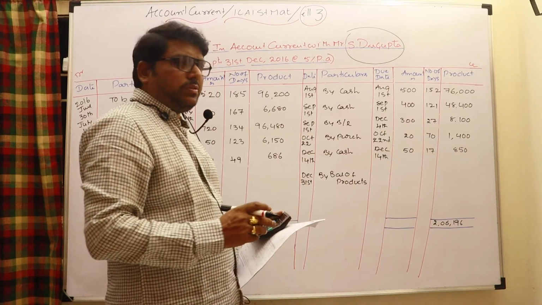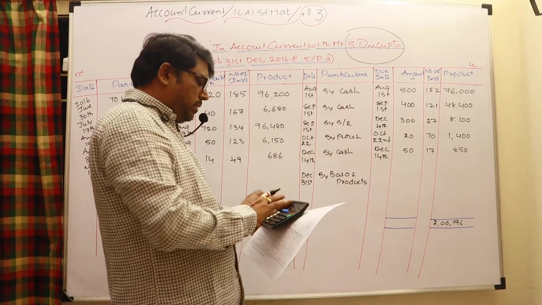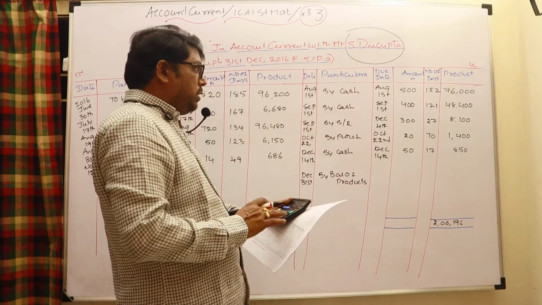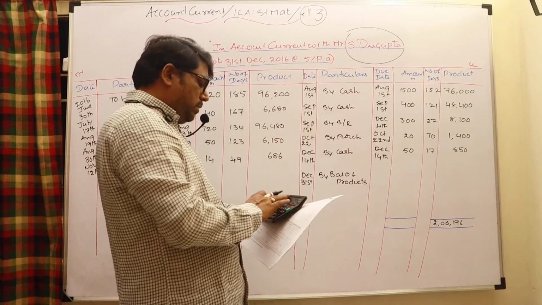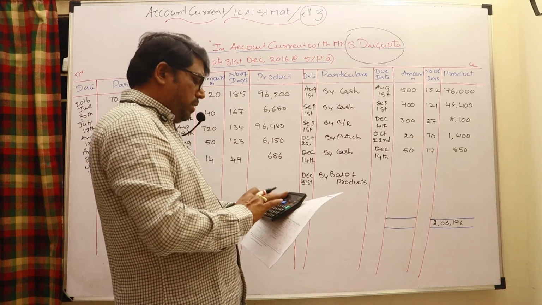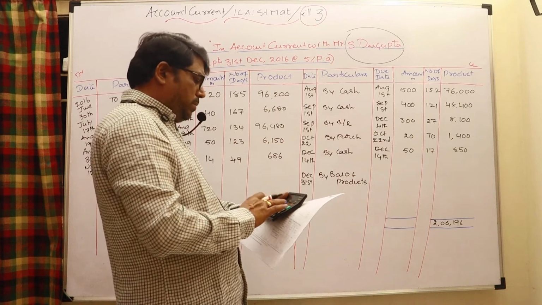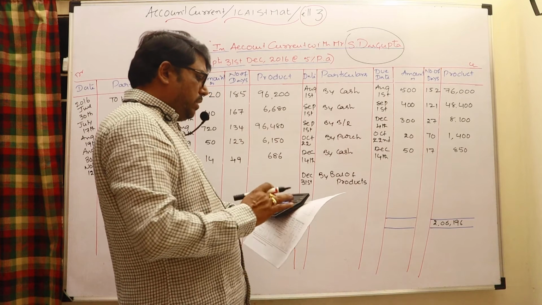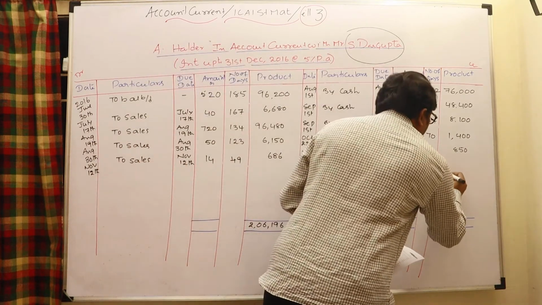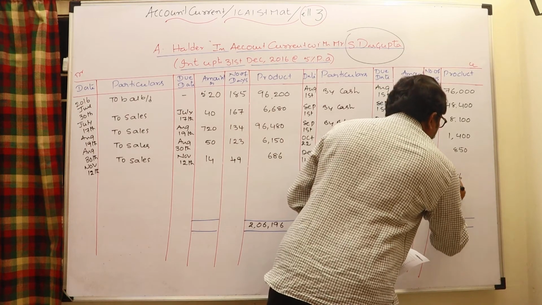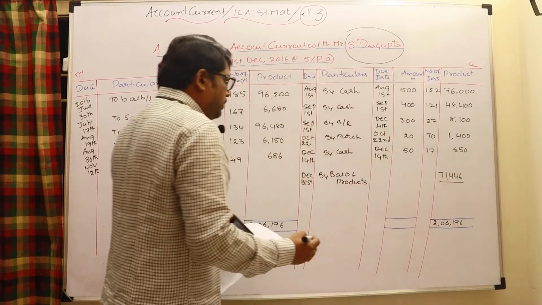We can minus all of them to get the balance of product. Minus 76,000, minus 48,400, minus 8,100, minus 1,400, minus 850. The resulting amount is 71,446. That is the balance of product.